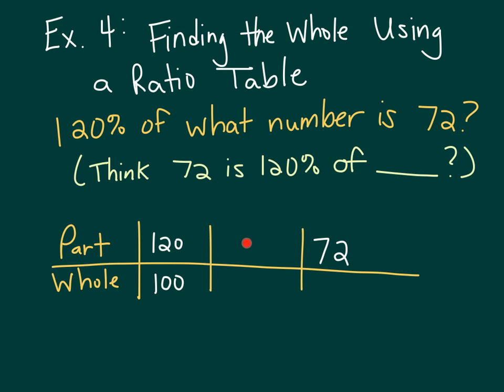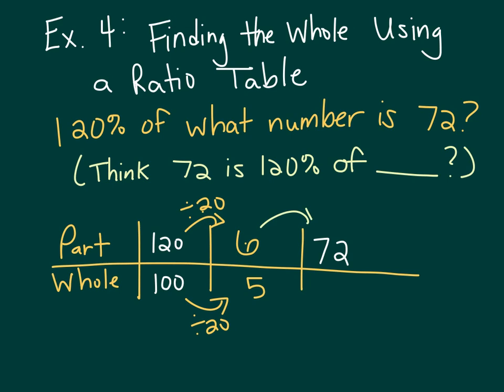So we're going to try to find something that 120 can have in common with 72, and we're going to pick the number 6 this time, because if I divide 120 by 20, I know that 12 divided by 2 gives me 6, and just put the 0 on. And then if I divide 100 by 20, it will give me 5.